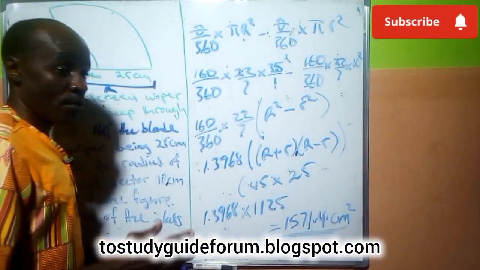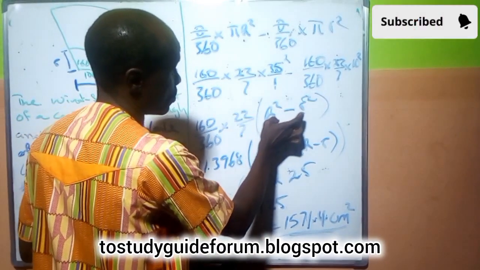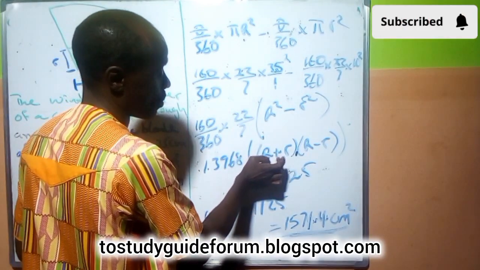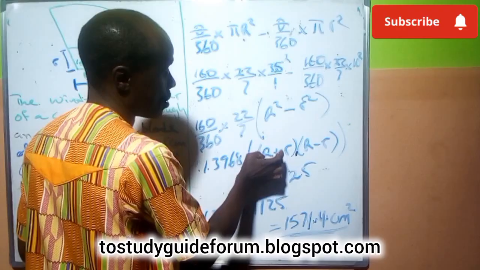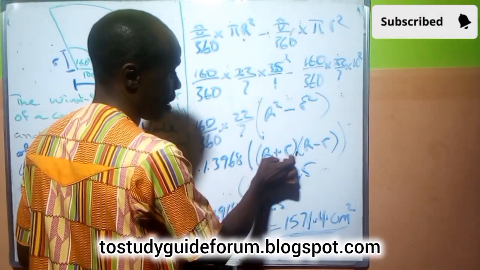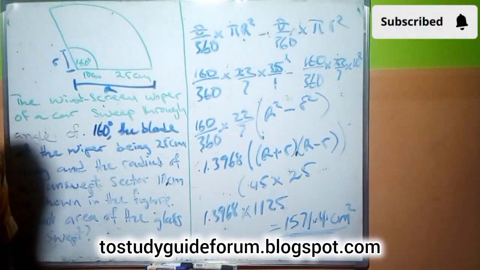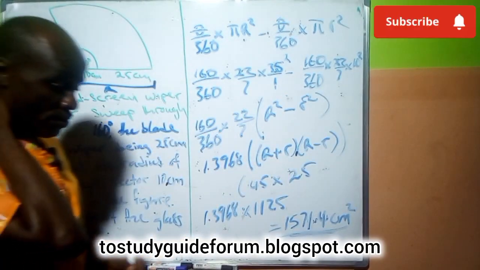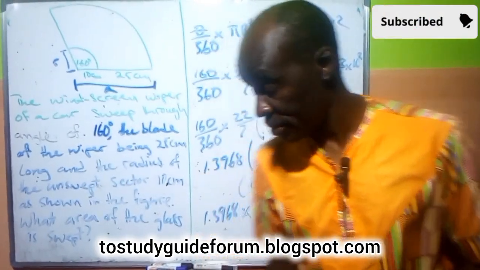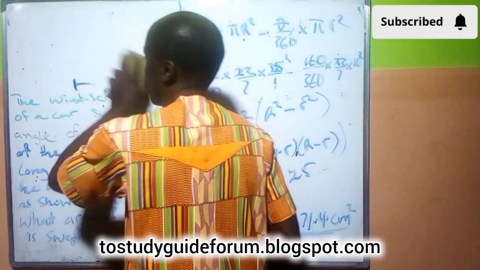According to factorization, when you have the square of two values subtracting each other, the value is the same as the sum of the two values multiplied by their difference. So there are so many other ways. Let me just show you an example so that it can be a bit easier for you to cope with.